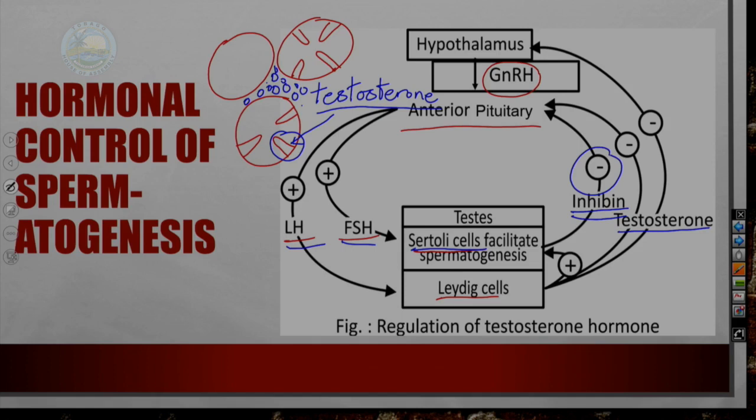So if it has a negative feedback, it means that as inhibin production increases, it is going to suppress the activities of the anterior pituitary gland, and so these activities are going to slow down. Good? And so eventually the whole activity within the testes will slow down, and so sperm production will cease.